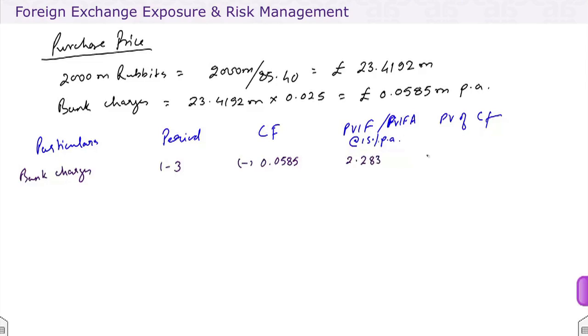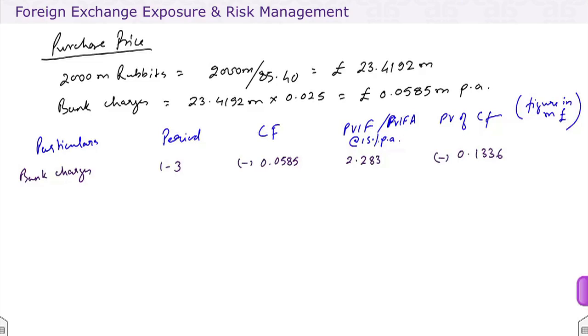So multiplying the cash flows with annuity factors, you get a present value of an outflow of bank charges as 0.1336 million. Let me put the figures in million pounds sterling. So these are the inputs that we are taking. So first particular is that.